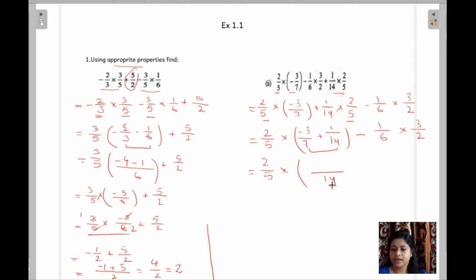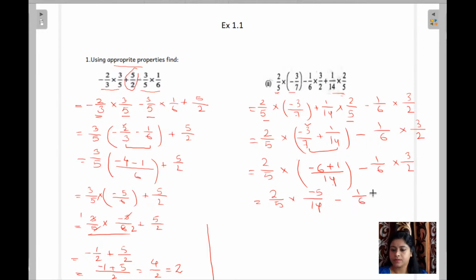Here it is 7 and here it is 14, so we will multiply the numerator by 2, that is minus 6 plus 1 over 14, since 14 and 14 are the same. Then minus 1 by 6 multiplied by 3 by 2. So 2 by 5 multiplied by minus 5 by 14, it's minus 5 by 14. 6 minus 1 is 5, and the minus sign goes with the bigger number, so minus 5.